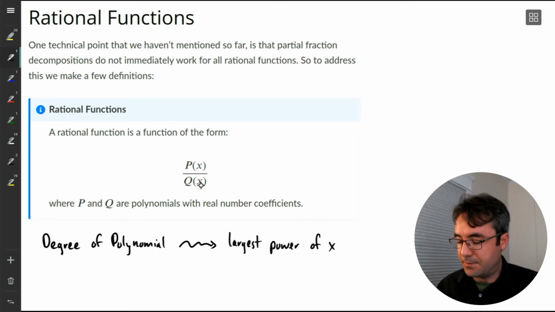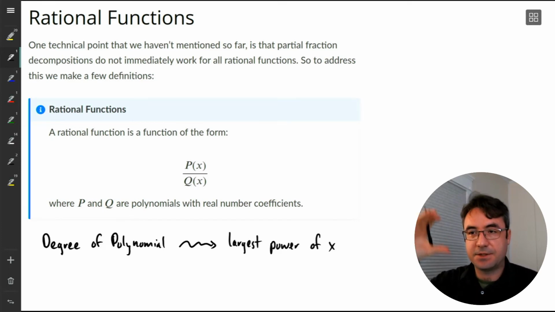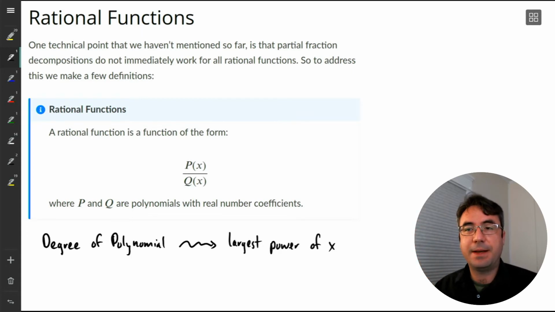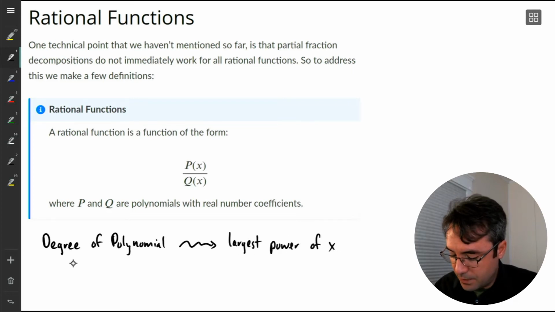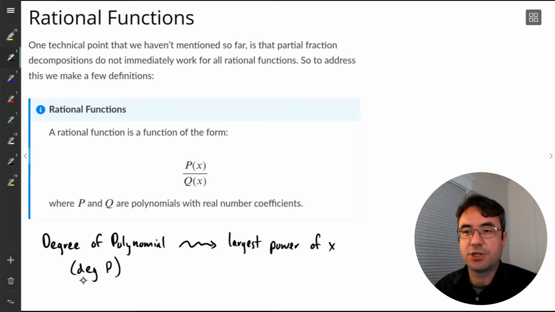So it's going to be helpful to think of rational functions as polynomial divided by a polynomial, and then to also remember the definition for degree of polynomial. It's just the largest power of x. And normally we write this as we just kind of do a little abbreviation, the degree of polynomial p.